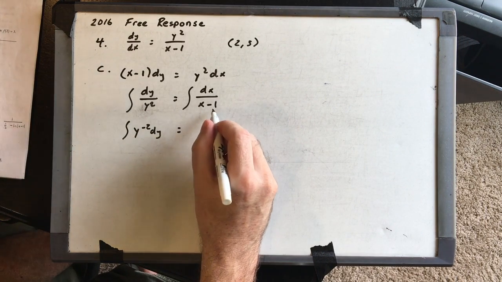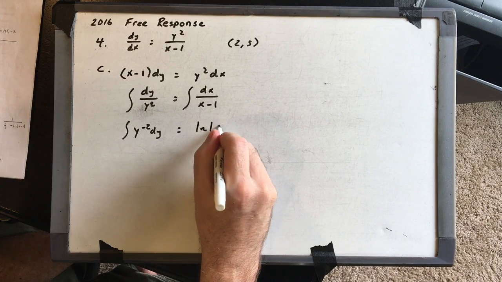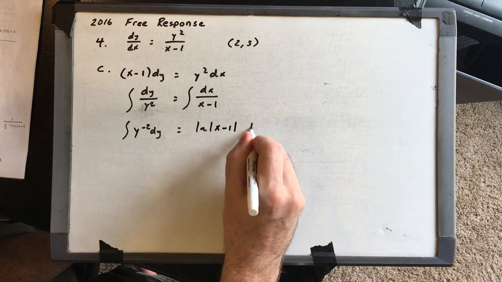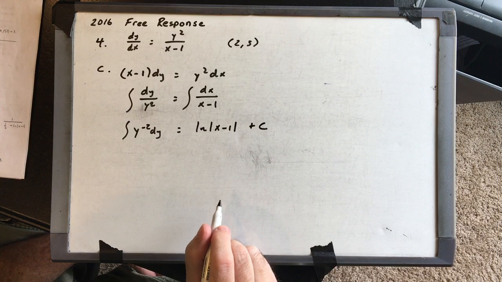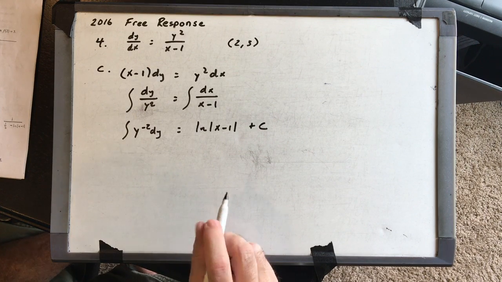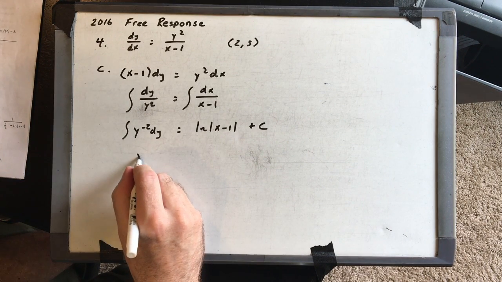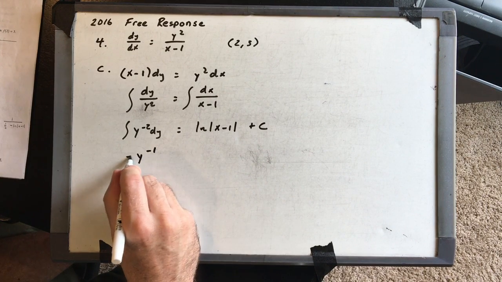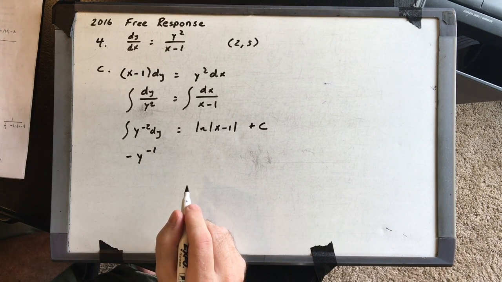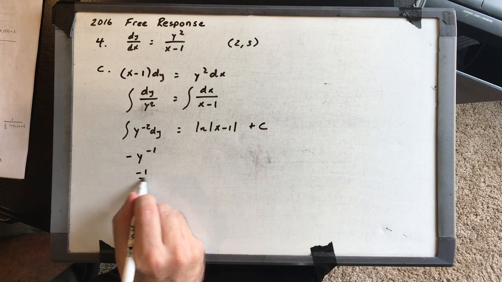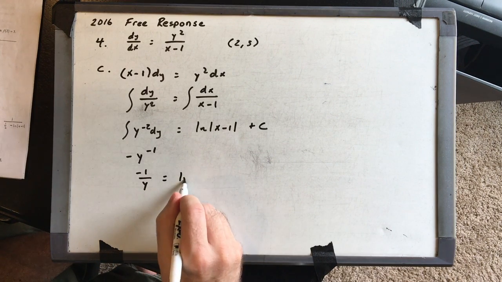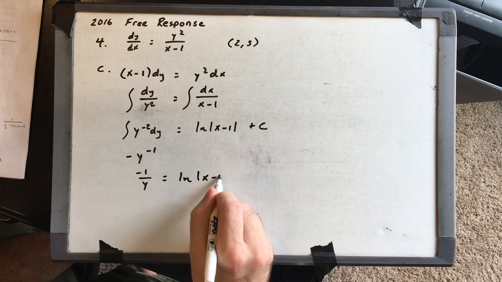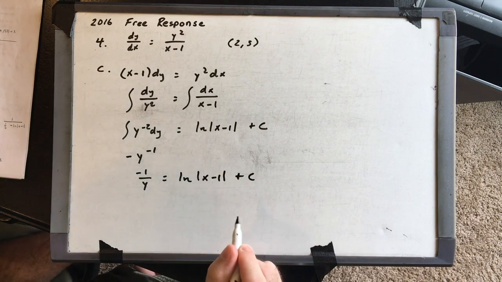Integrating that, it's going to be y to the minus 1, but I need a minus out front. So that's minus 1 over y is equal to the natural log of the absolute value of x minus 1 plus c.